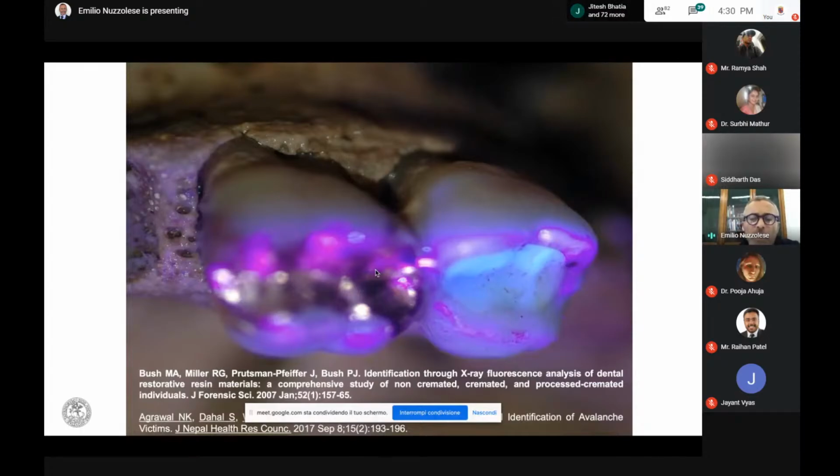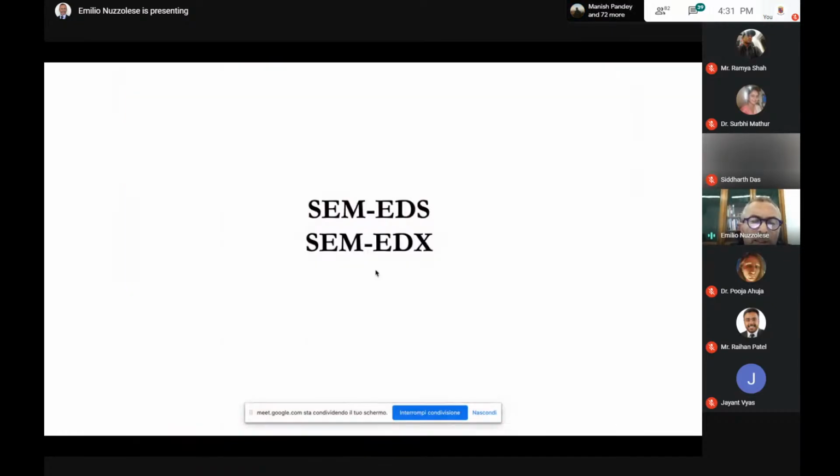All dentists who are listening to my presentation right now are aware that we use adhesive dentistry, that we do extremely conservative preparations of teeth, and for this reason we may have composite restorations in several parts of the crowns, and sometimes we may miss these restorations if we don't use this UV light.